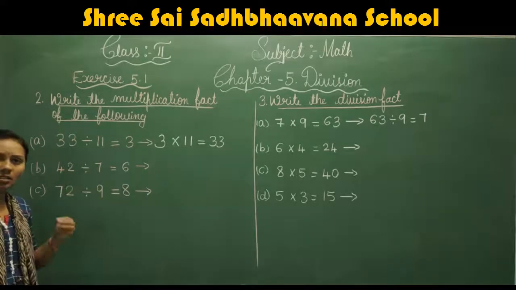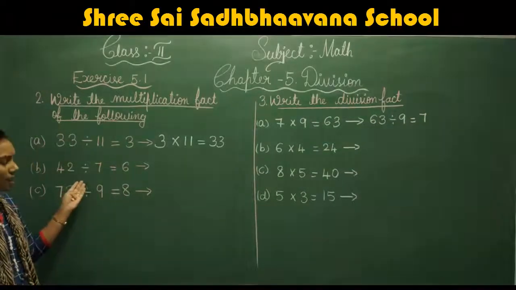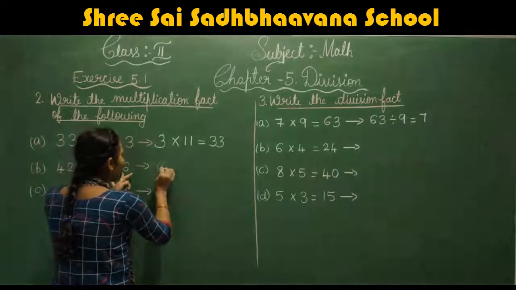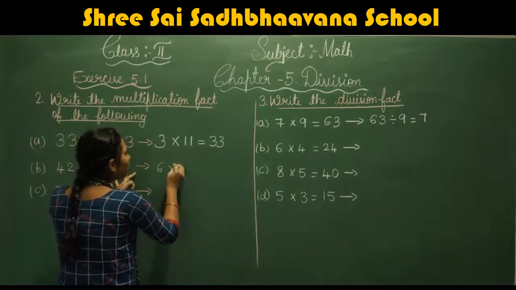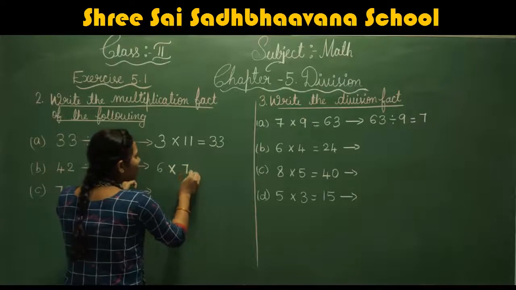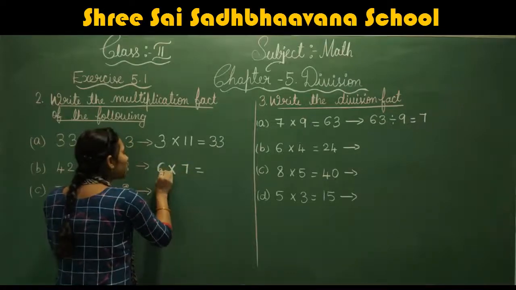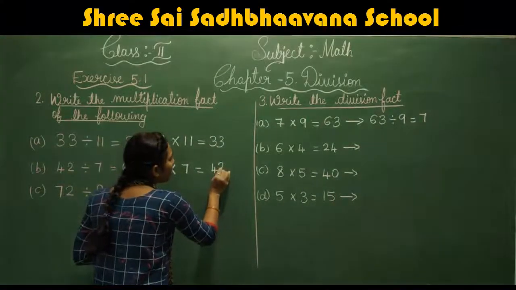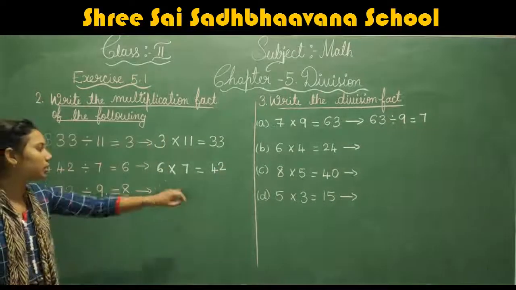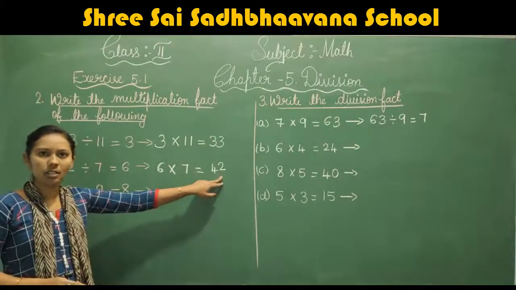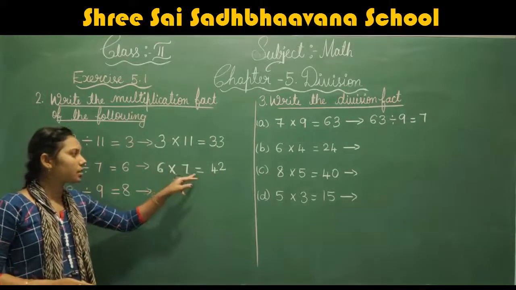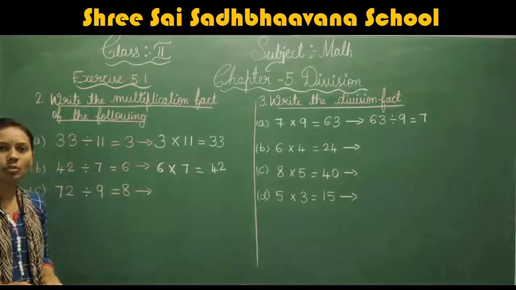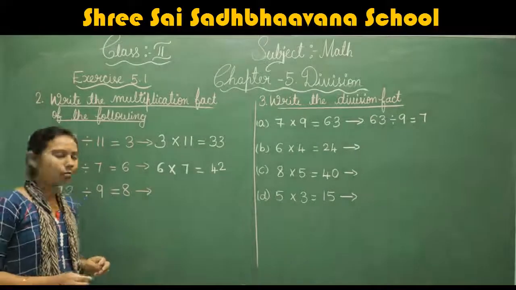Now when we write the division fact as a multiplication fact, when you multiply 6 into 7, 6 sevens are how much? 6 sevens are 42. This is your multiplication fact. Here we get the product 42.